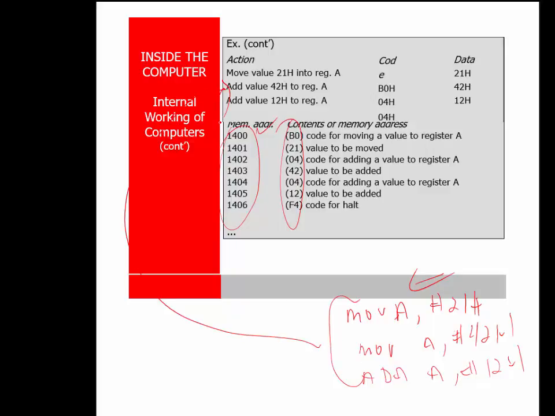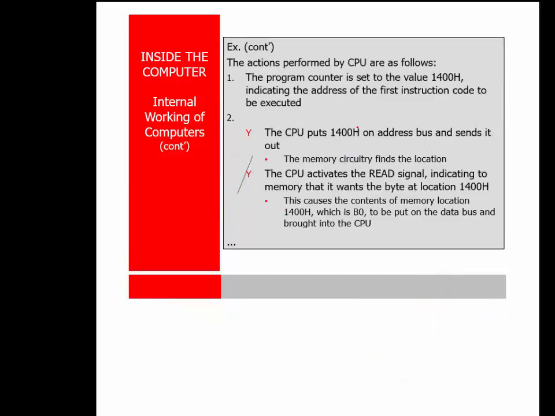Back in the old days, it would be B0 21, 04 42, 04 12. Actually, this is off here; they're off by one. It should be B021, 0442, 0412. So this is what the code would look like.